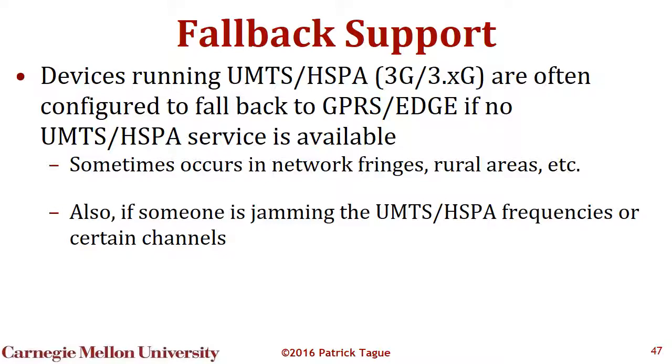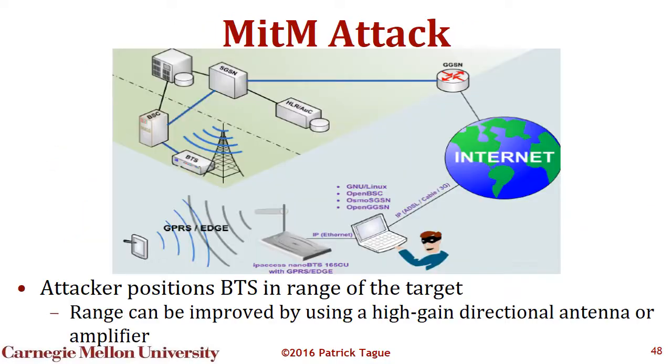Of course, besides natural cases of downgrade, if someone jams UMTS, HSPA frequencies of certain channels, they can also downgrade the 3G system to 2.5G. Then they can build a rogue base station and launch man-in-the-middle attacks.